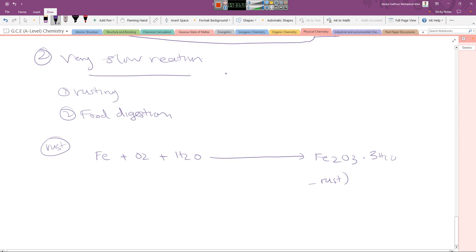So here basically the oxidation number of iron is 0. Now it has become plus 3. So this is an oxidation reaction. So when we expose iron in the air where we have oxygen and with the presence of moisture, H2O is atmospheric moisture, what will happen? Rust will be formed on the surface of the iron.